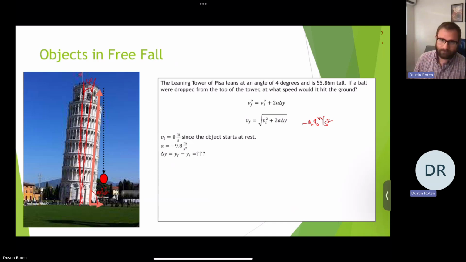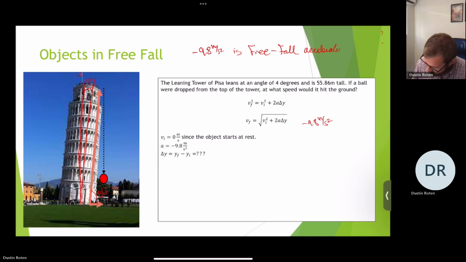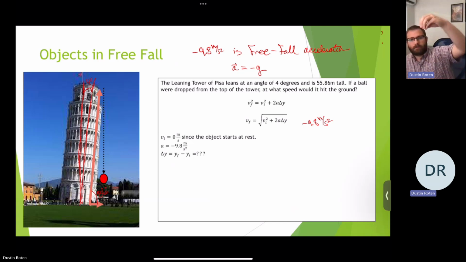So essentially negative 9.8 meters per second squared is free fall acceleration. A lot of times this is represented by g for gravity. So here our acceleration equals negative g. I put the negative there because g usually is just the magnitude, the 9.8, but since it's falling, it's going to be negative g since we're moving in the negative y direction.